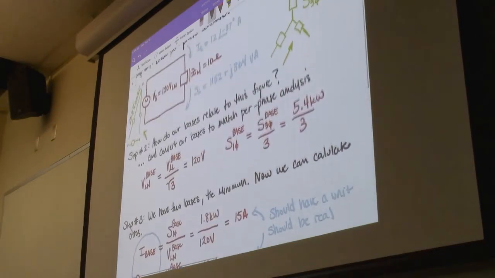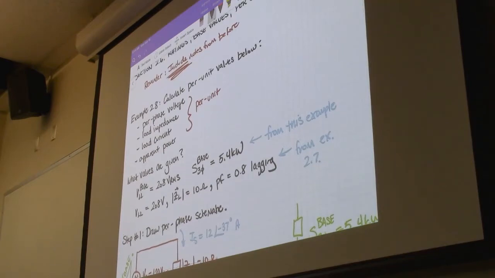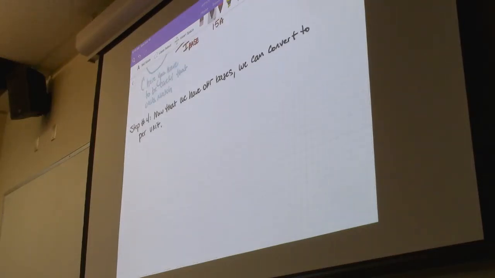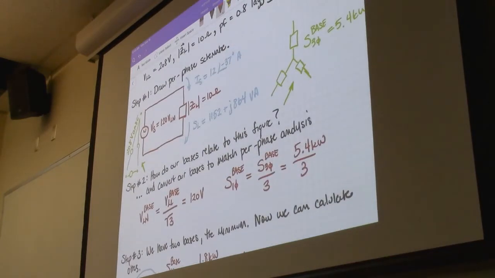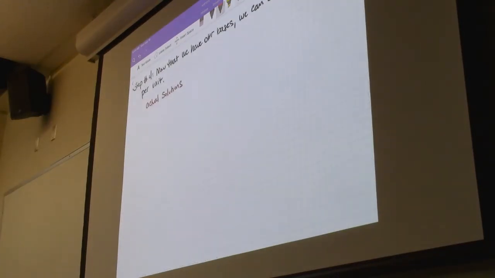Okay, so now what values do we have? It asks us for the per phase voltage, the load impedance, the load current, and the apparent power. Okay. So what I'm going to do for those is let's line them up. So what are our actual solutions? Okay, so they were, the voltage is actually 120 volts with an angle of 0.